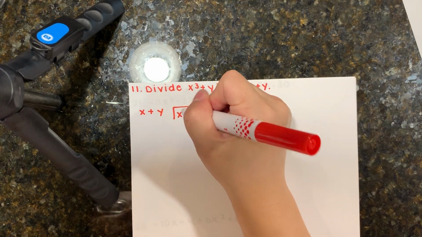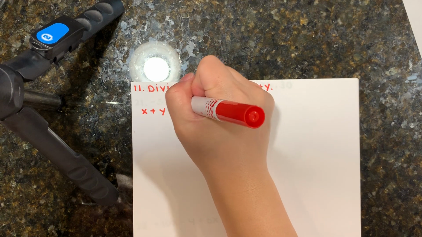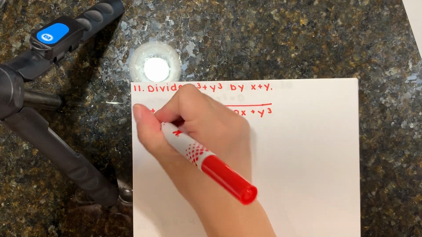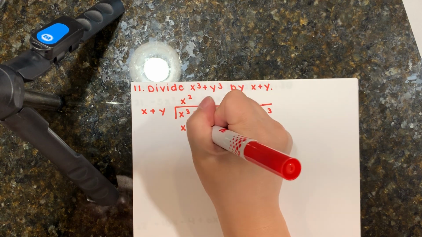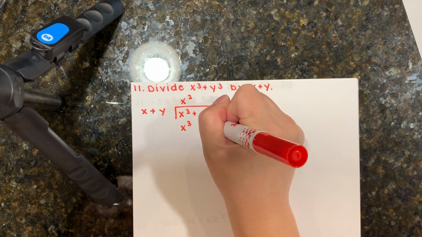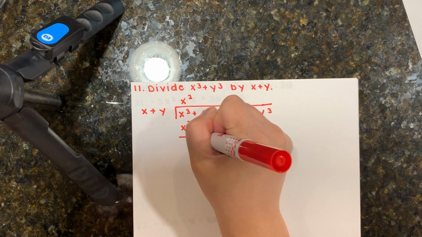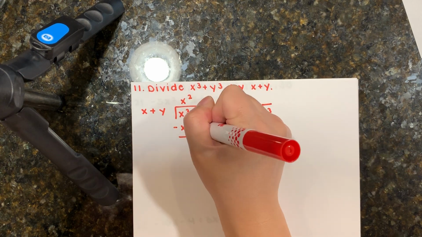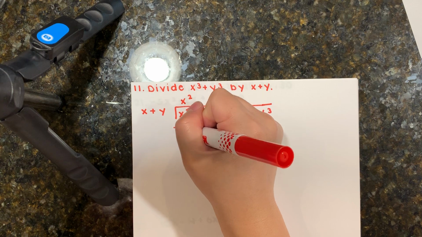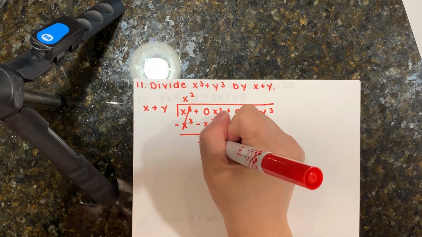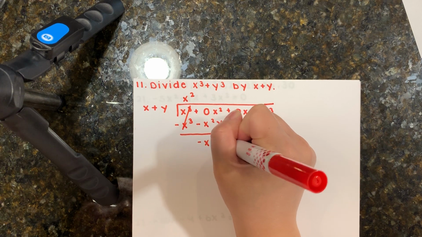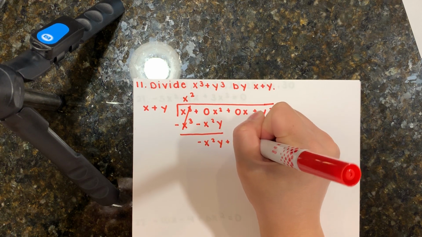Now, when you divide x cubed by x, you get x squared. Now, x squared times x would give me x cubed. x squared times y would be x squared y. You do need to change the signs though, so this is going to become negative, this is going to become negative. The x cubes are going to cancel. Then I'm going to be left with negative x squared y plus 0x.